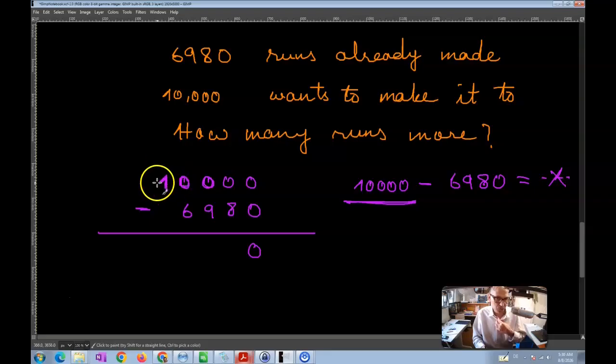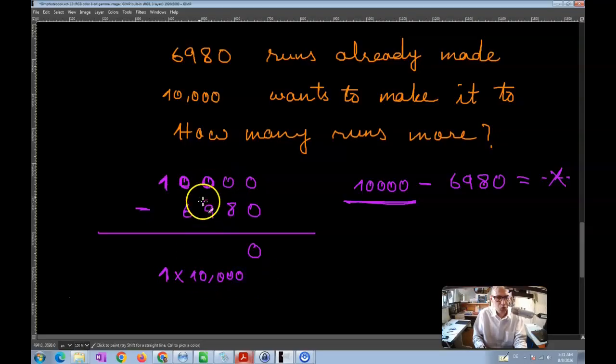So I have one group of 10,000, and this one over here represents one group of 10,000.